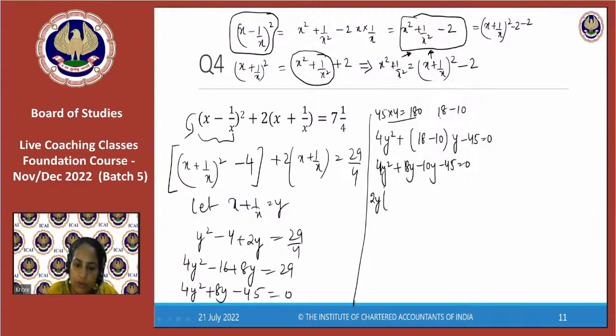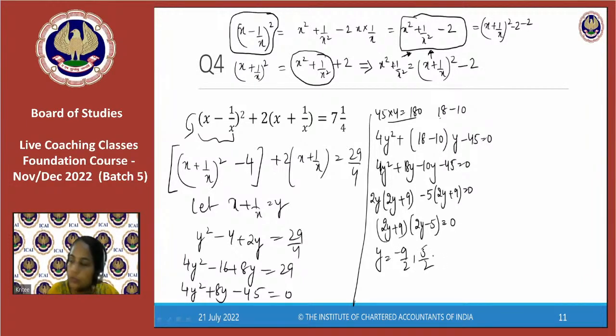Taking out 2y common, we are left with 2y plus 9, minus 5 common, 2y plus 9 equals 0. Taking out 2y plus 9 common, we are left with 2y plus 9 and 2y minus 5 equals 0. So y is equal to minus 9 by 2 and plus 5 by 2. These are the two values that I get.